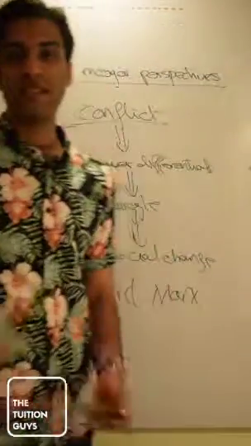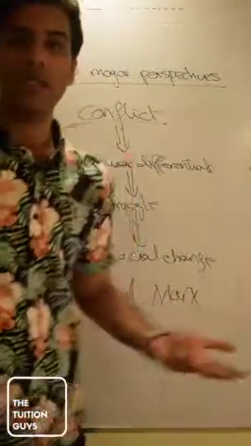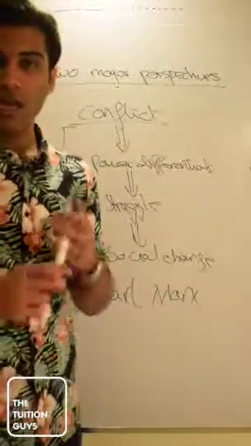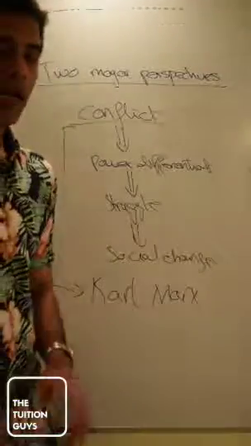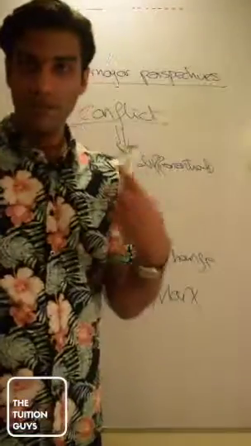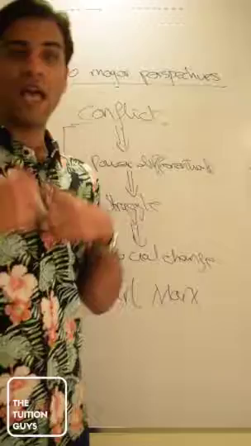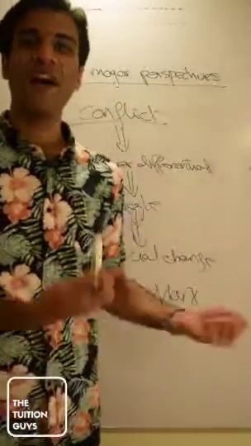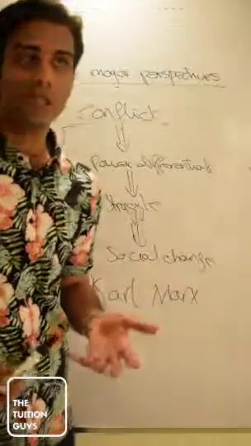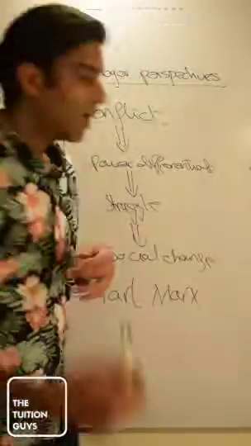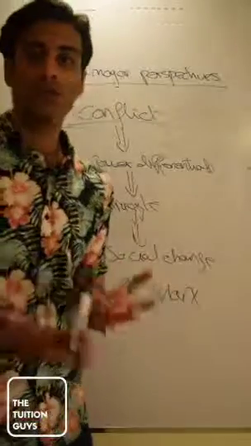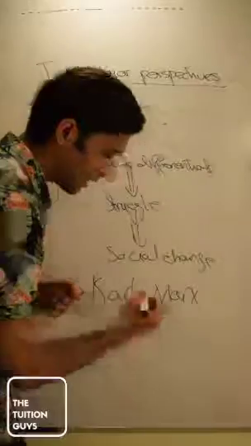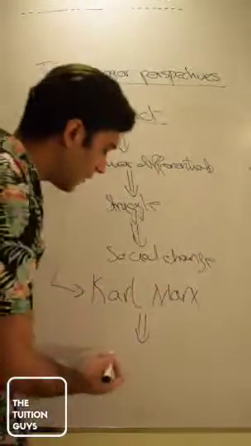Marx basically spoke about the bourgeoisie and the proletariat, the bourgeoisie being the owners of the means of production, and the proletariat being the working class. He said that the owners exploit the working class, and the working class is so powerless that they can't fight back against them. And eventually, what Marx said would happen is that a proletariat revolution would overthrow the bourgeoisie. But he was really wrong, and that proletariat revolution never really happened.